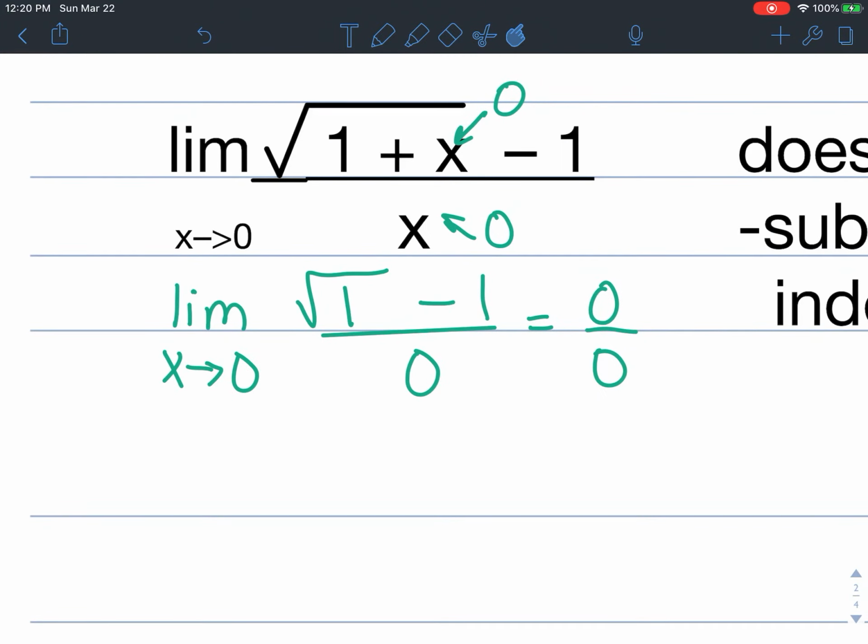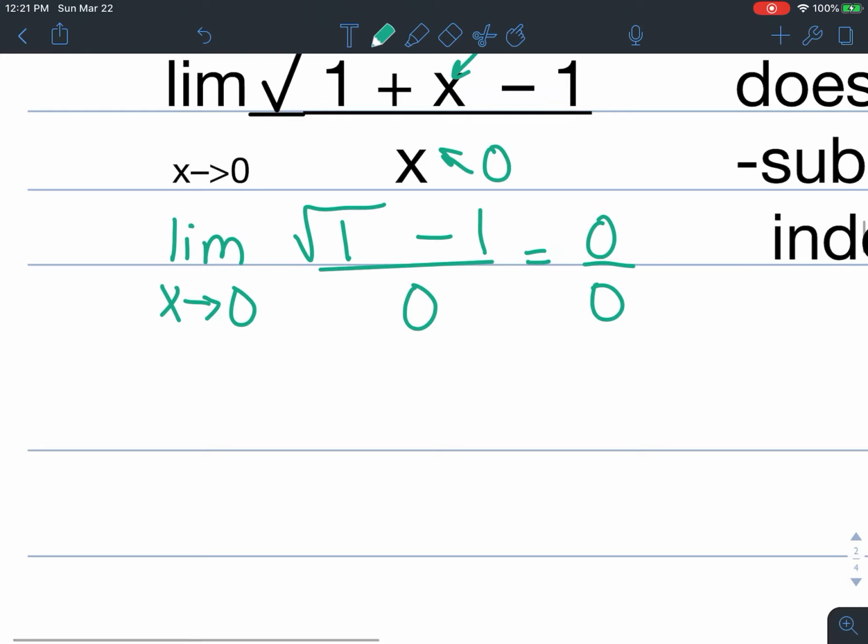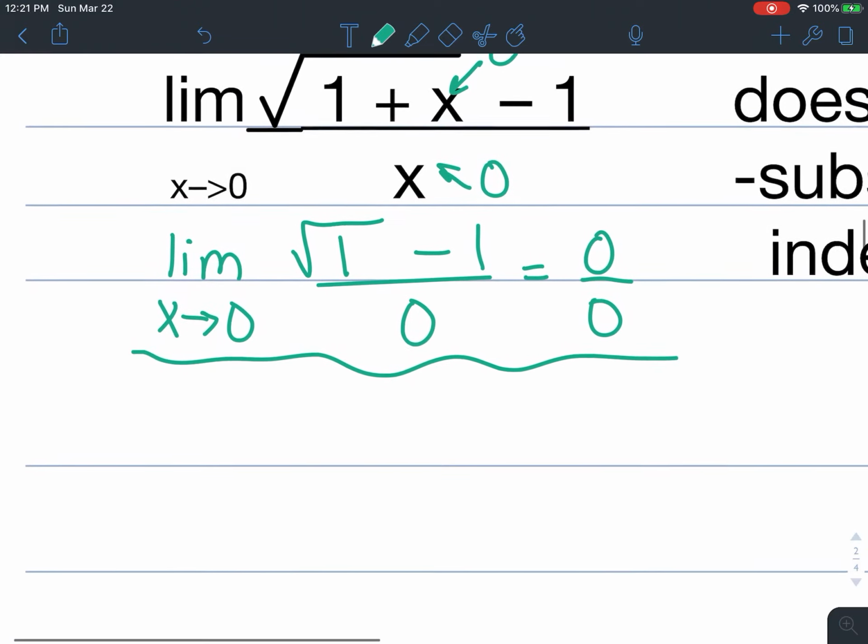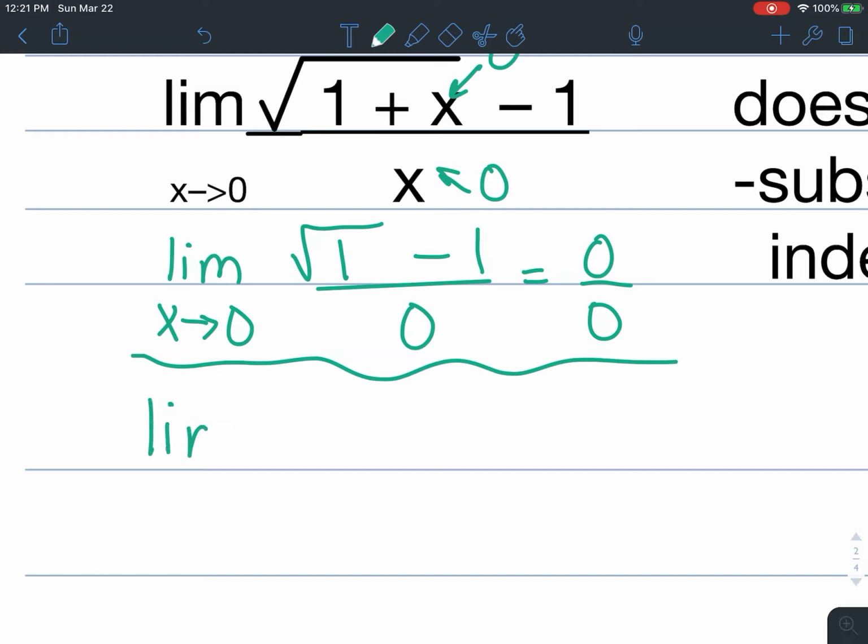Before L'Hopital's rule, you would have to multiply the top and the bottom by a conjugate, see if you could get stuff to cancel. It's kind of a lot of work. So let's use L'Hopital's rule. We're going to leave the limit part alone, and we're going to take the derivative of the top. This is not a quotient rule. You are just literally taking the derivative of the top and the derivative of the bottom.